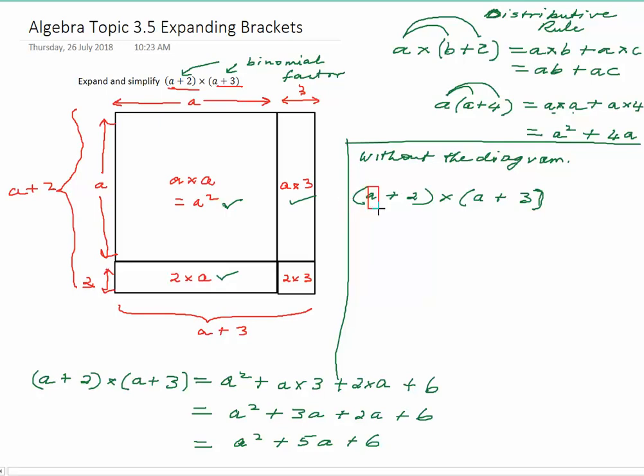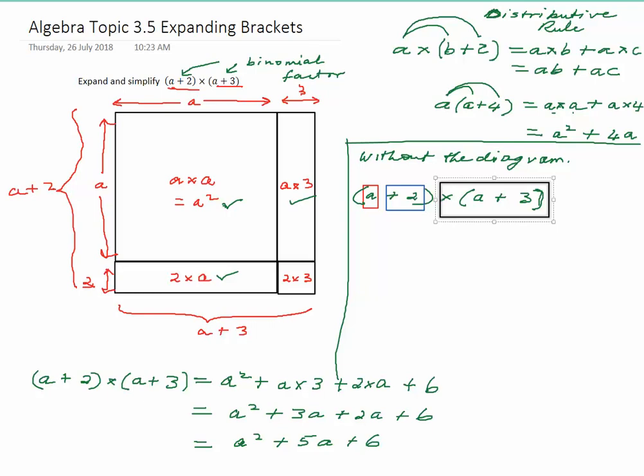So these 2 terms, let's say that's A. Don't forget to include the plus 2 there because the sign is important, so I'll put that as plus 2. And then the last bit, we'll get a different colour again. Let's just treat this whole thing as one unit. So again, we're just going to apply the distributive rule.